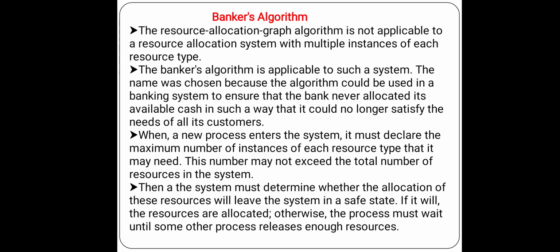See here, a new process enters into the system. It must say the maximum number of resources for it to complete execution, and that resources cannot exceed its maximum, right.